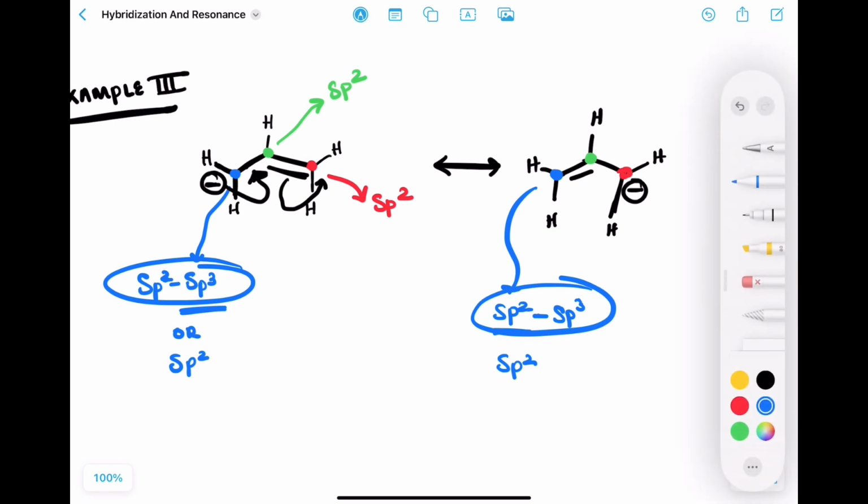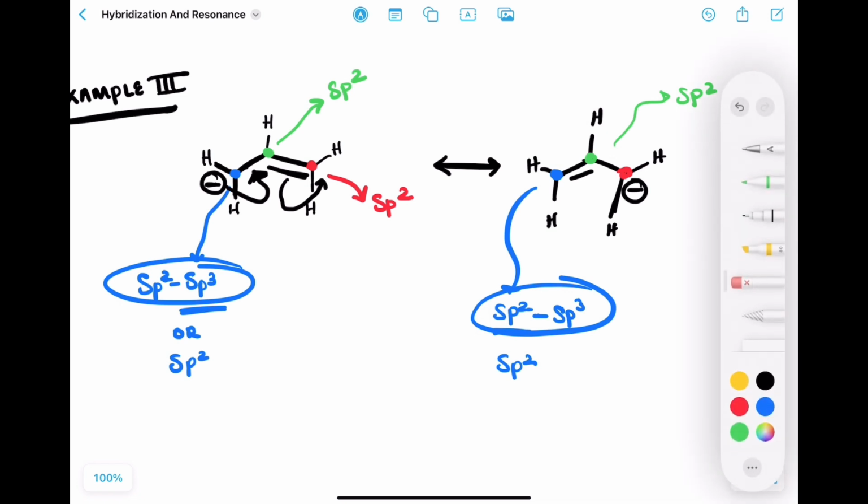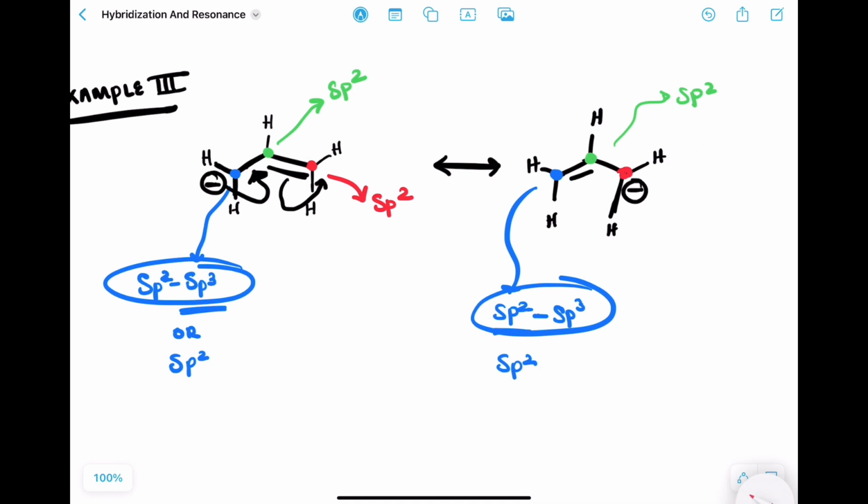So now let's look at the green carbon on the right structure. Green carbon, 1, 2, 3 electron domains. So what is that? Still sp2. And then lastly, this red carbon here. What do we have? 1, 2, 3, and there's the fourth domain, so it's sp3.